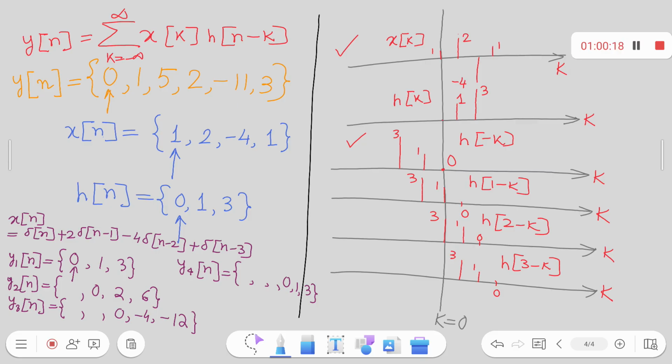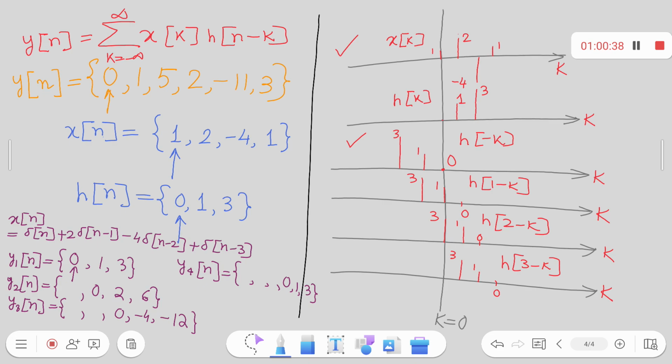If you shift it further, then this 3 gets multiplied with minus 4, and this 1 gets multiplied with this 1. So 3 multiplied with minus 4 will give you minus 12. 1 multiplied with 1 will give you 1. So minus 12 plus 1 will give you minus 11.